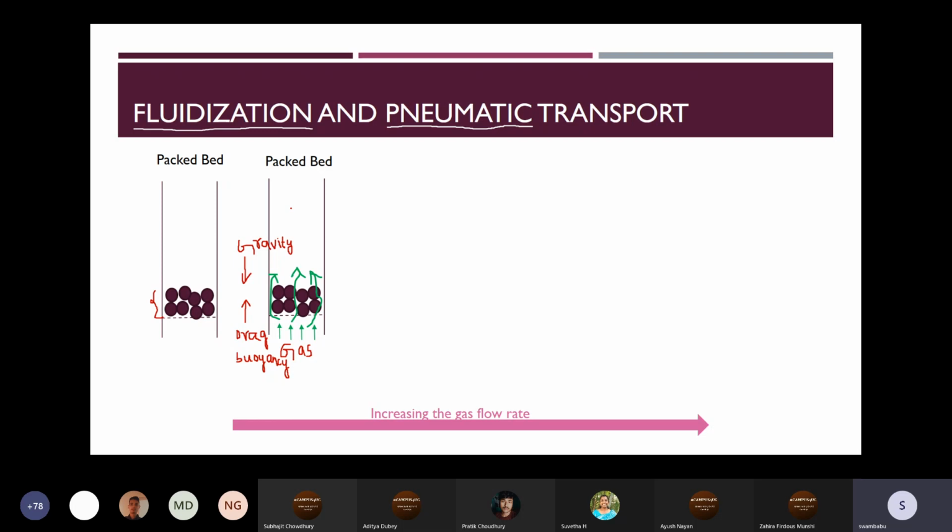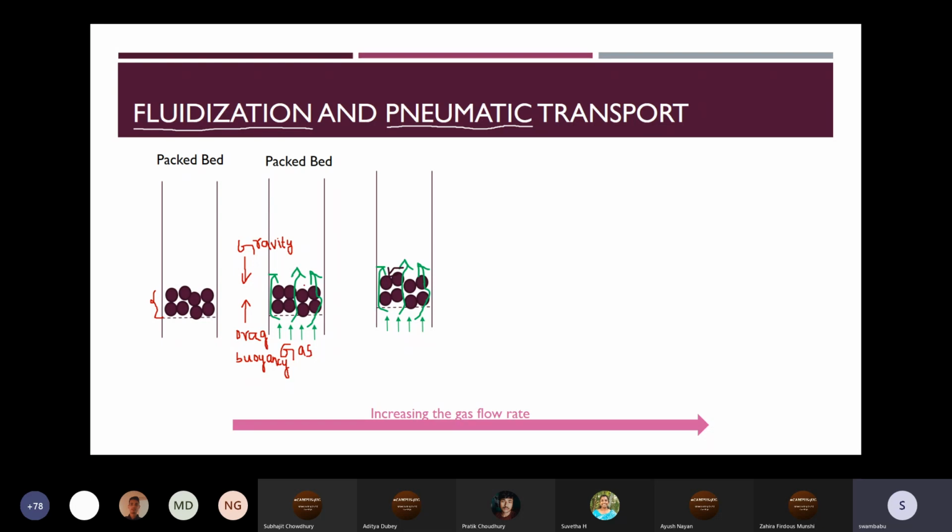If I increase the velocity to some higher value, at one condition we will observe that the particles are slightly moved. The particles will be slightly lifted, but the height of the bed will not increase very much, only a very slight increase.